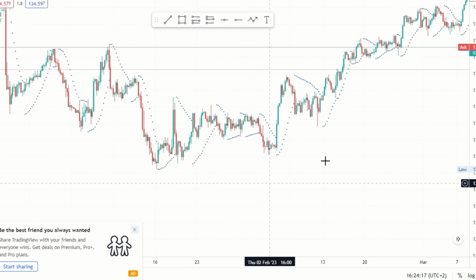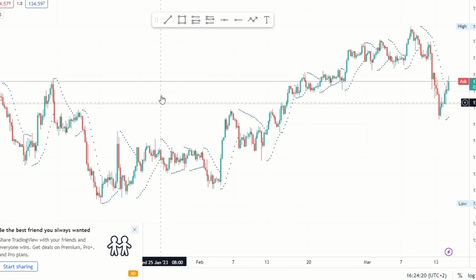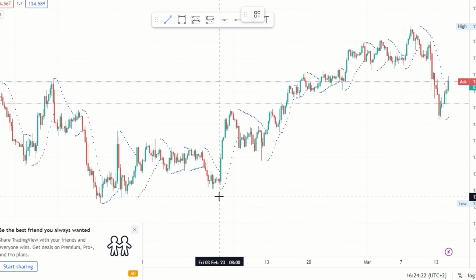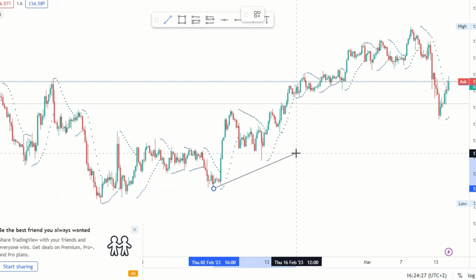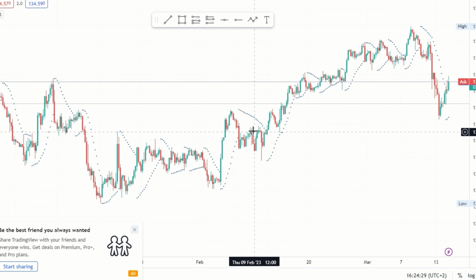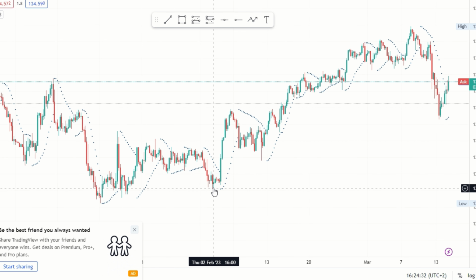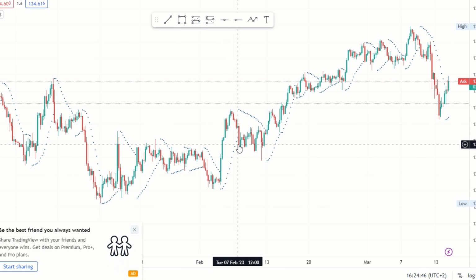If the market is trading around here, anywhere from this candlestick, anywhere from the 3rd of Feb 2023 at 4 p.m. all the way to there, you would be drawing your trend line like this.